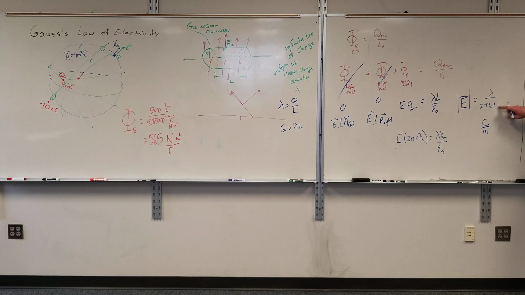We have r here, which is meters. And then we have epsilon sub naught on the bottom, which is coulomb squared per newton meter squared. Meters cancel out, that coulomb cancels out with one of those. I'm dividing by a fraction, so that just becomes newtons per coulomb.